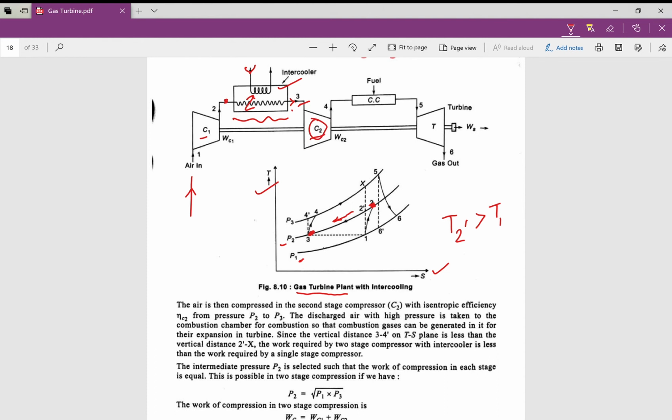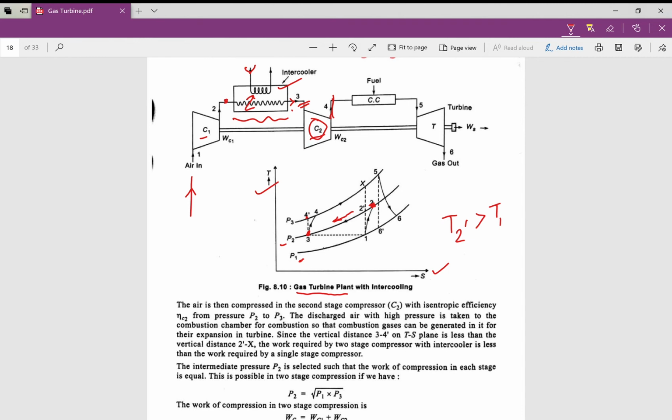Again that compressor compresses air from this lower pressure to a further high pressure, from point 3 to 4 dash, that is theoretical compression.